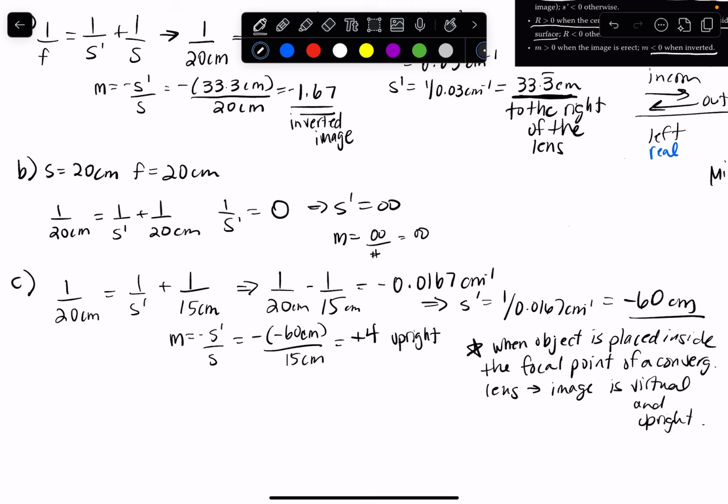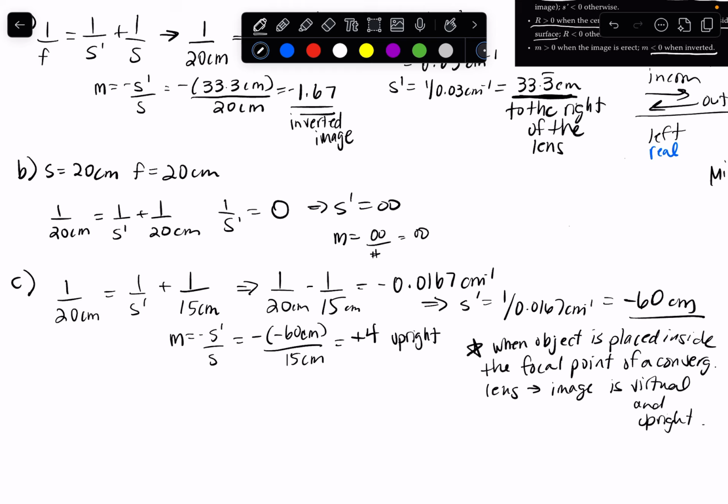Okay, so on an exam, these are the kind of questions you're going to get. You're going to get a converging lens, a diverging lens. You're going to get a spherical mirror, convex, a spherical mirror, concave. Characterize the image created by these lenses and mirrors, given object distances.